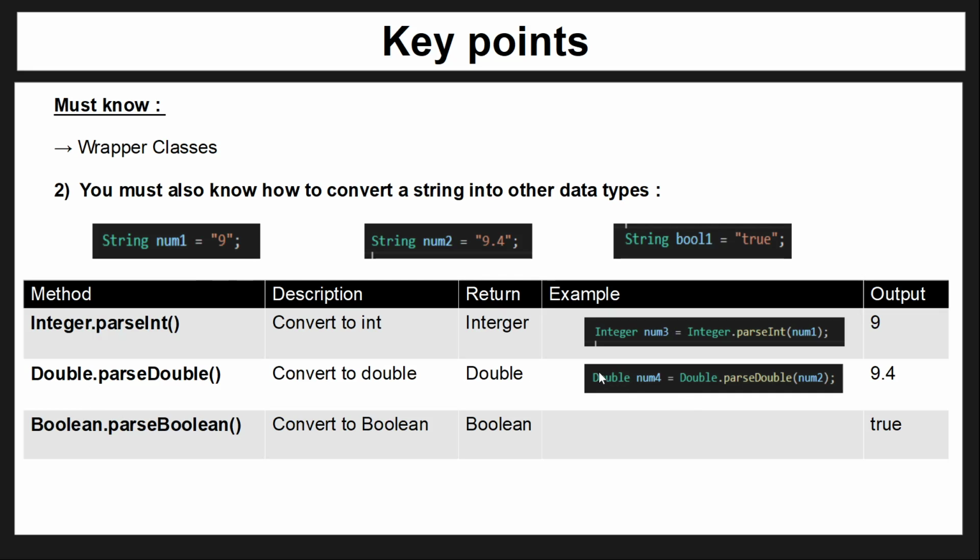If you use a Double wrapper class here, you can use the Double.parseDouble method in the Double class to change that number 2 into that number 4, and that will then be a double, not a string. And the last one is the same principle here. You need the Boolean wrapper class, and then you use the Boolean.parseBoolean method to change that value from the string data type to the Boolean data type.